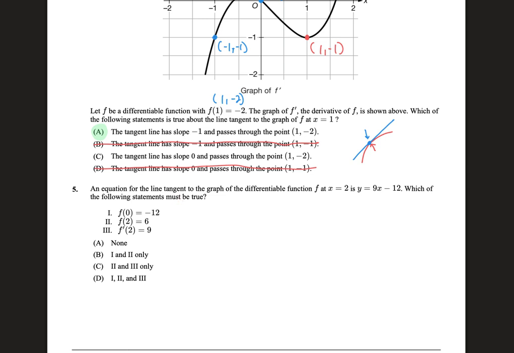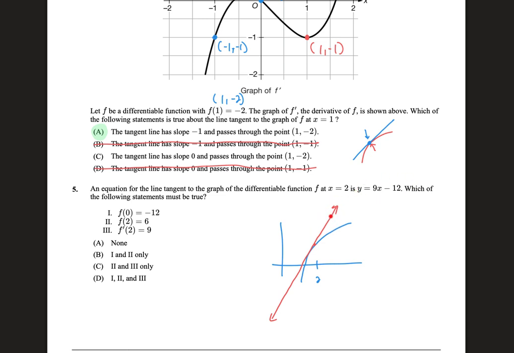So think about, we don't know what f looks like. Let's just say here's 2, and the function looks something like this. And at 2, it's got this equation of a tangent line. Okay, so think about this as y equals mx plus b. So this tangent line is this equation here.